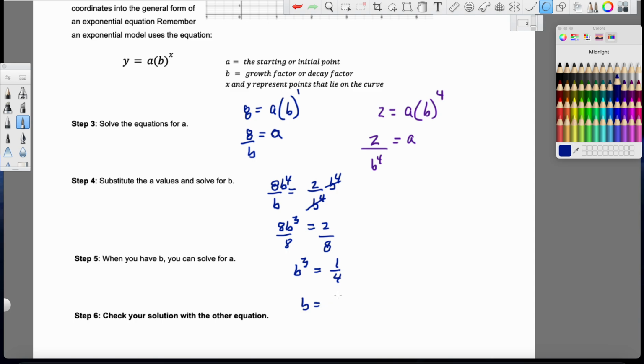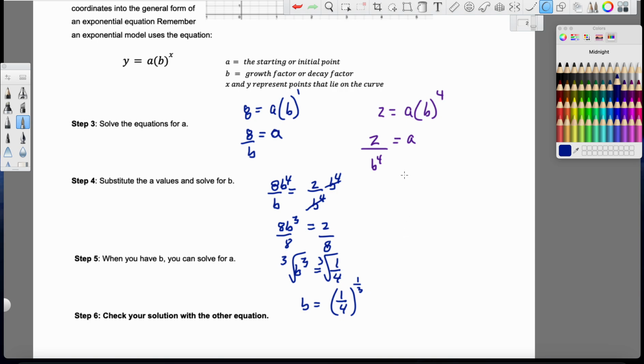We've got to take the cube root of both sides. I think I'll write it like this: b equals 1/4 to the 1/3 power. I write the cube root as 1/3.